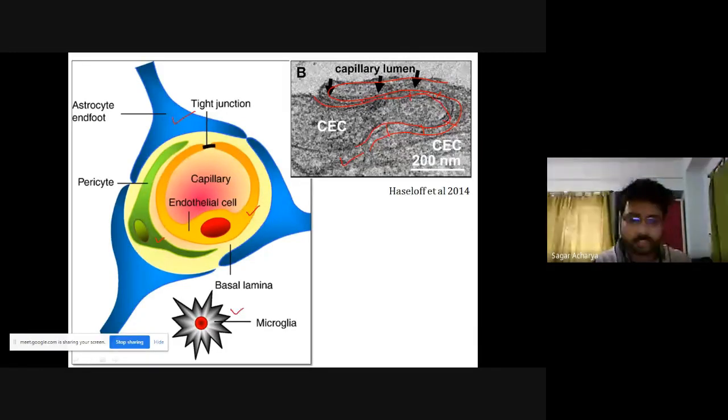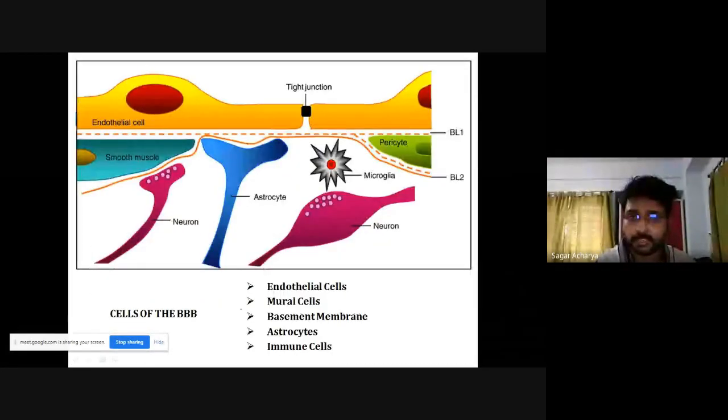Now if we come to the endothelial cell lining, this picture is much more illustrative. What are the endothelial cells here? We all know these are mesodermal derived cells, and modified forms of epithelial cells. And these endothelial cells are more or less 40 to 50% thicker than your muscle.